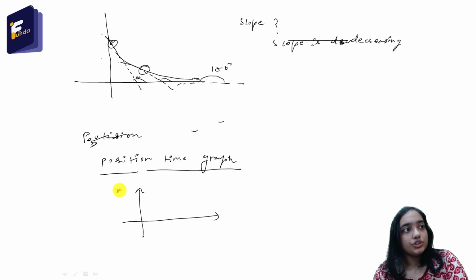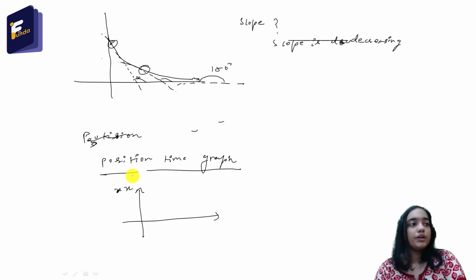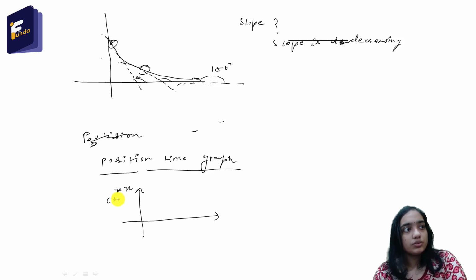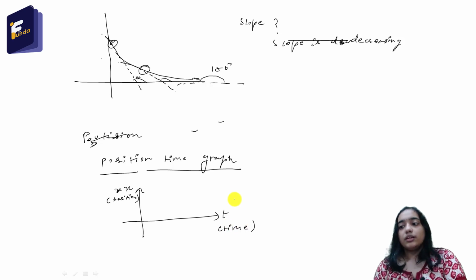So this is the position. Position is represented as x. Don't be confused, it is the y-axis, but it represents the position, represented as x. And this is time. Okay, this is the position time graph.